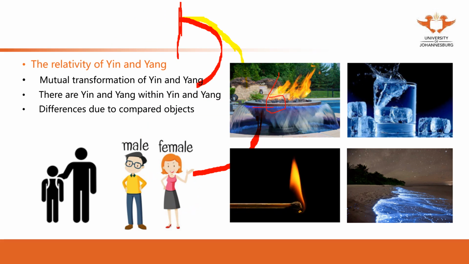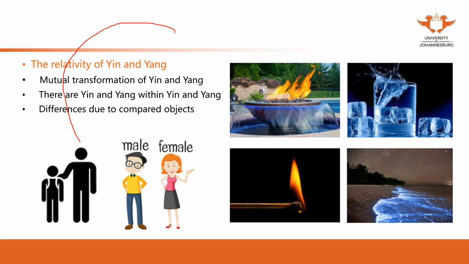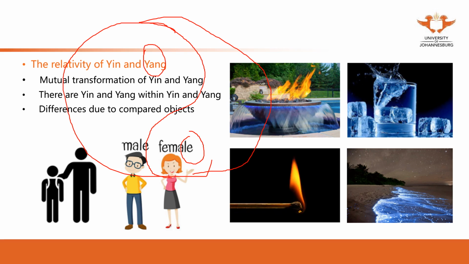So as we have discussed, from the day we can see there are different yin and yang. And then when we see from the yin yang fish, see from this fish, this is black, and here also black.